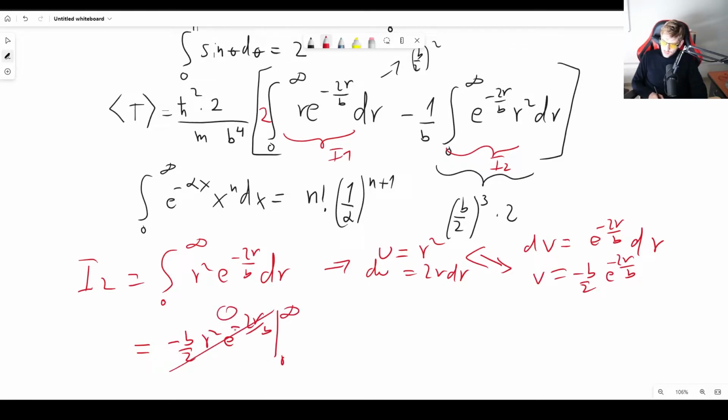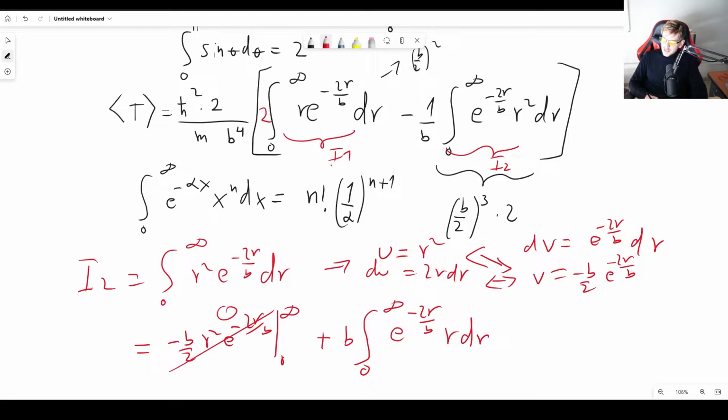Now this is of course 0, both at infinity and at 0, so it goes away. Now we multiply these two. We get 2 times 1 half, which is 1, minus minus, which is plus, and b times the integral from 0 to infinity of e to the minus 2r over b times r dr.